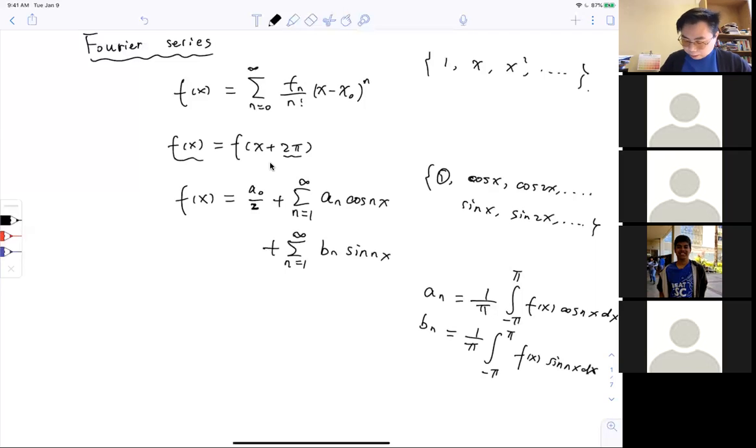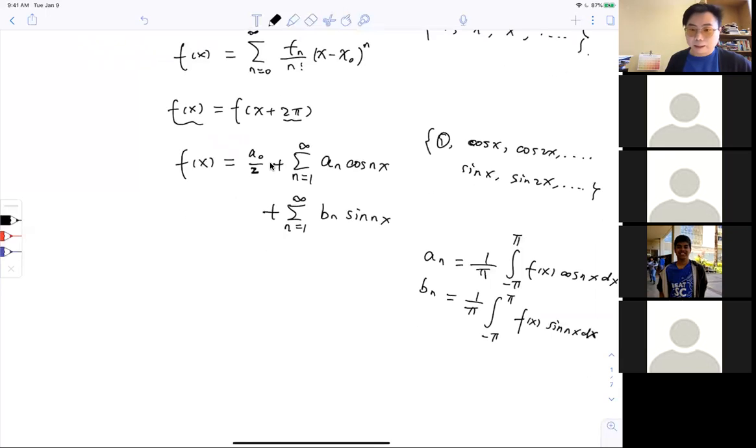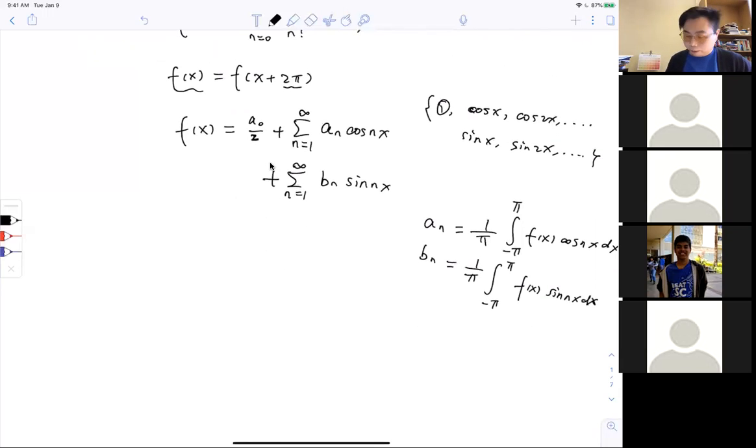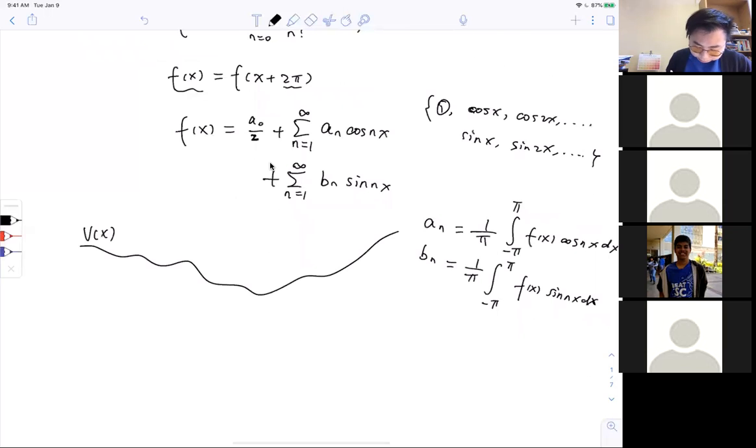And yeah, the reason why we want to expand this kind of function in terms of sine and cosine, one big reason I think is because sine and cosine are quite important in physics. You know that for a general system, assume the potential is like this, and we have a particle or some degrees of freedom. Of course, in equilibrium, it's in the ground state. And if you perturb it slightly, then it will oscillate.